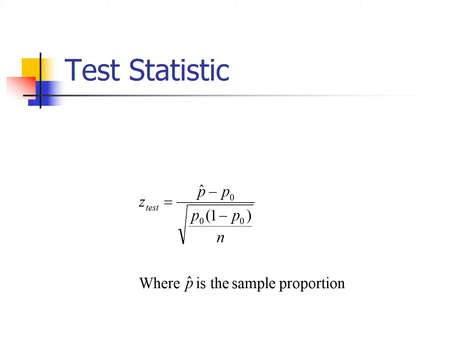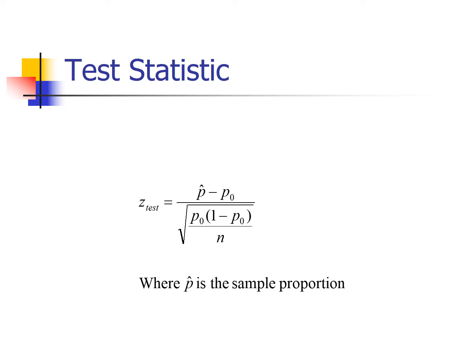That's what's in our numerator. What we have in the denominator can be shown to be the standard deviation of the sample proportion under the null hypothesis. So we're dividing by that standard deviation of p hat, just like before. So we're looking at the distance between the sample proportion and the hypothesized proportion in units of standard deviation.